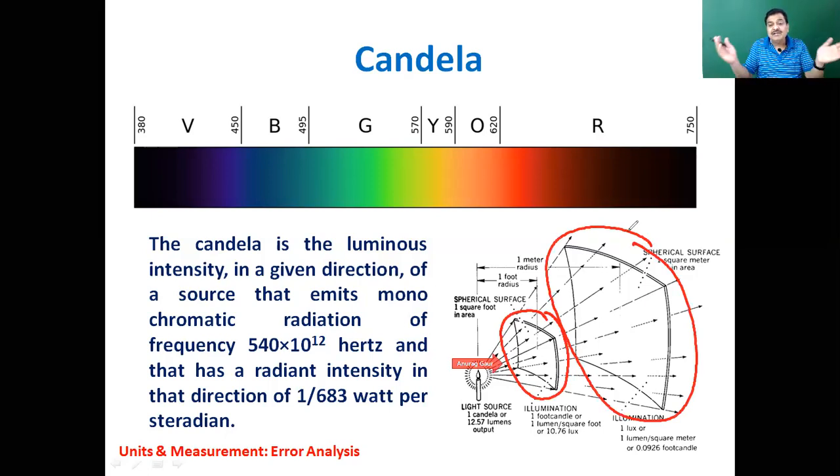When the area increases, the same number of rays will produce less luminescence. वो कम चमक पैदा करेंगी. इसलिए जैसे जैसे हम दूर जाते हैं लाइट से, उसकी चमक कम होती चली जाती है, because the number of rays which are reaching a particular area becomes less.